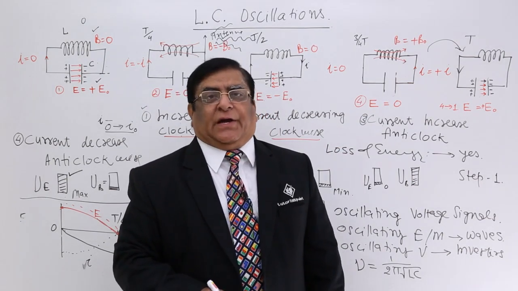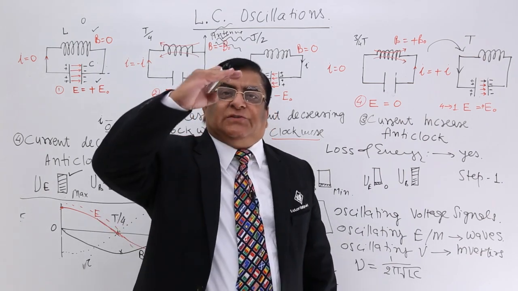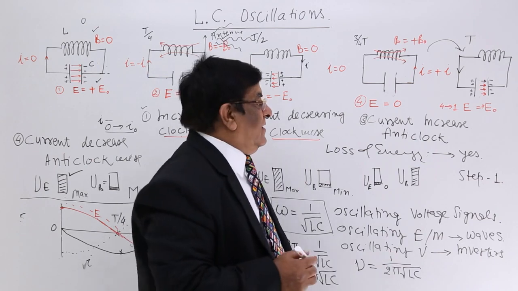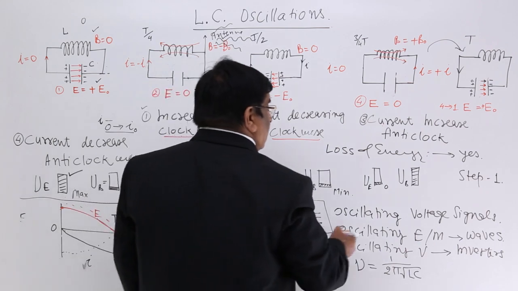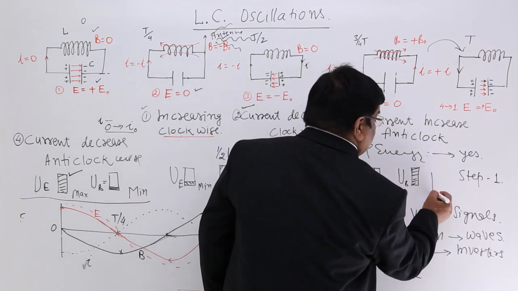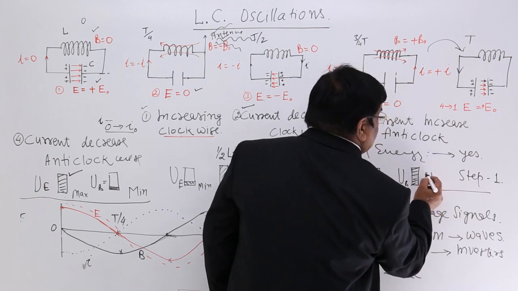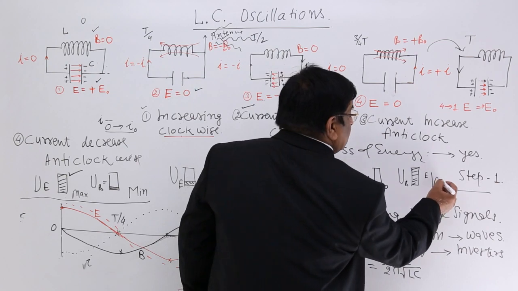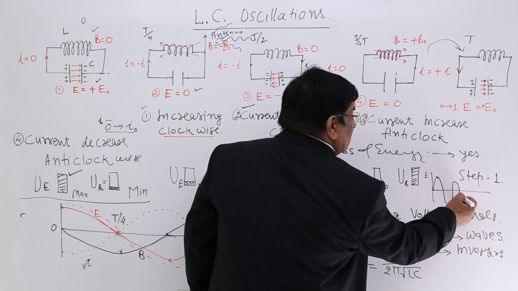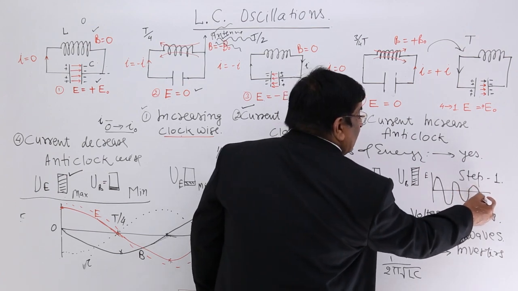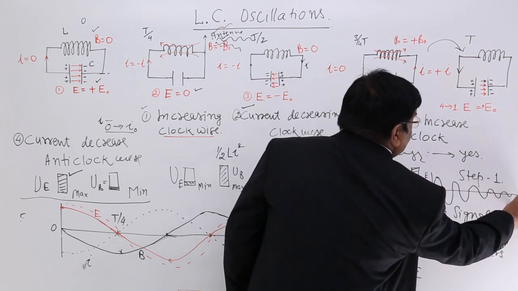If we draw a graph of the amplitude of the oscillation, how large the electric field or magnetic field is, we get a graph like this, but the second time it is like this, the third time it is like this, the fourth time like this, the fifth time like this.